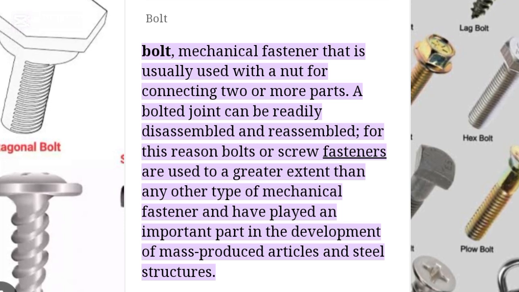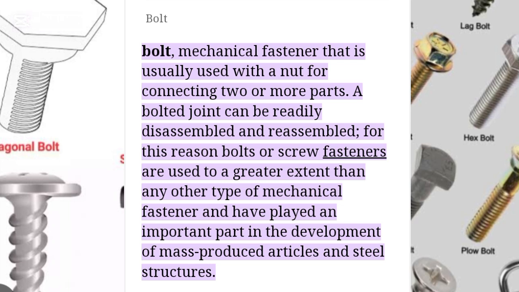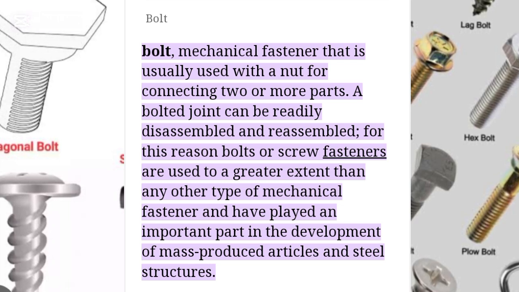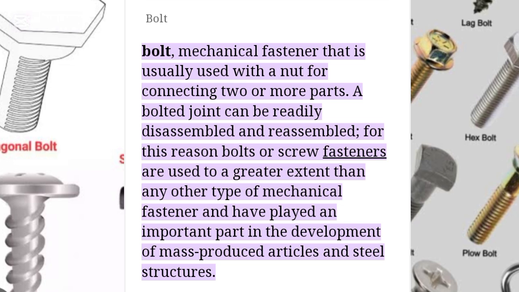A bolt joint can be readily disassembled and reassembled. For this reason, both are screw fasteners. They are used to a greater extent than any other type of mechanical fastener, and this played an important role in the development of mass-produced articles and steel structure.